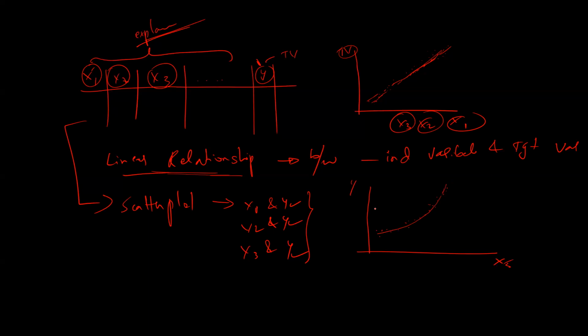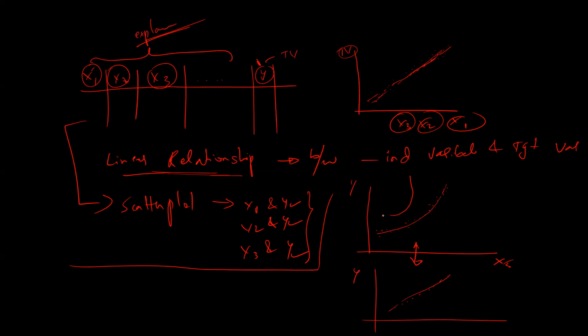This is not linear. How do I convert this into a linear form? Basically, by taking log, sir. No, if I take log, this will be much more curved. It becomes something like this.